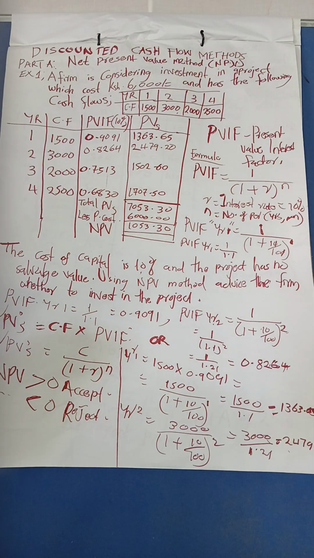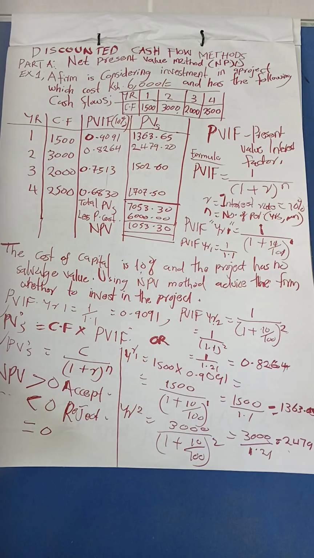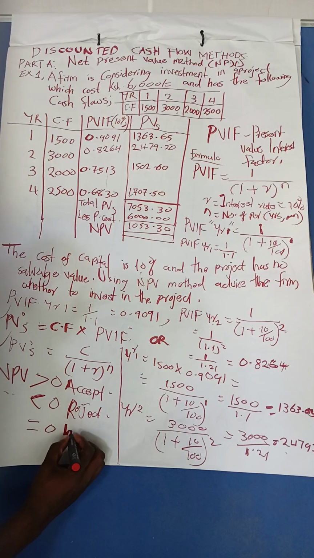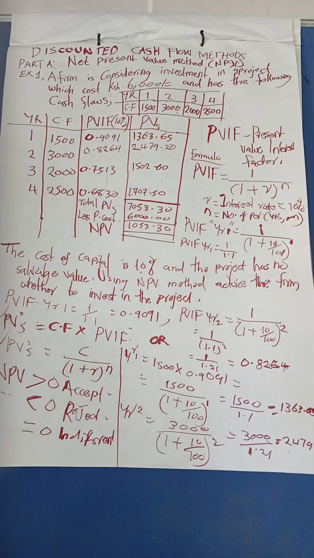But if we get the NPV to be equal to 0, we call that one indifferent. Here we are going to play with the rate, which is an interesting part. I think we will understand that part very well when we deal with the internal rate of return method, IRR.